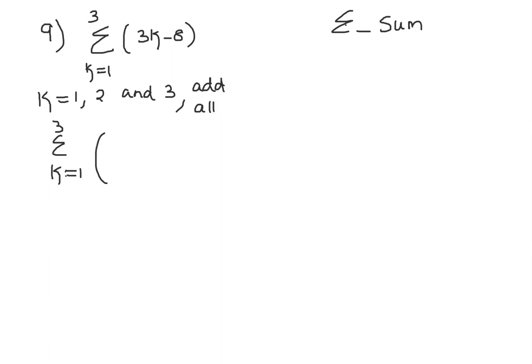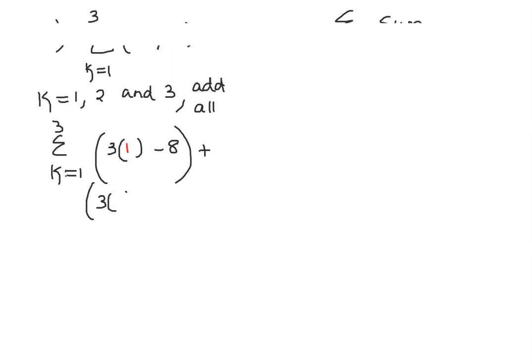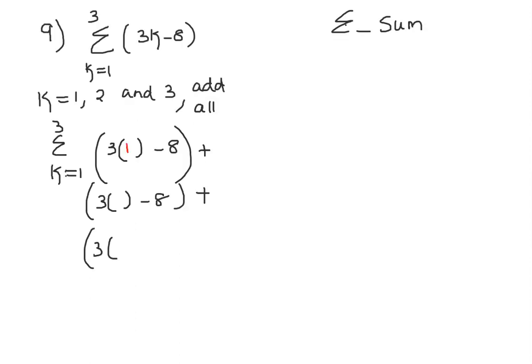So it's going to be 3 times 1 minus 8, plus 3 times 2 minus 8, and 3 times 3 minus 8. We have to go only up to 3.